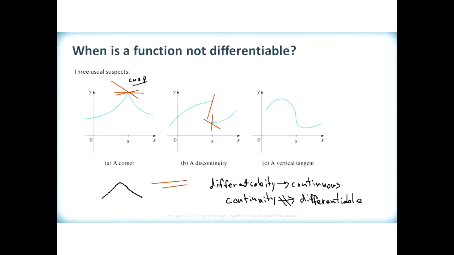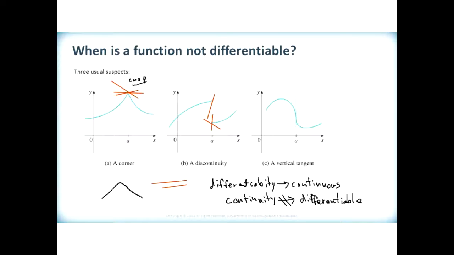So let's look at the last one then. In this case, we have a vertical tangent. And I mentioned earlier in this video that it's kind of a weird thing. It's possible for that limit to exist and still not have a derivative, and this is the case I mean. If that limit exists, but the limit has a value of plus or minus infinity, then you don't really have a derivative because infinity as a value itself is undefined.